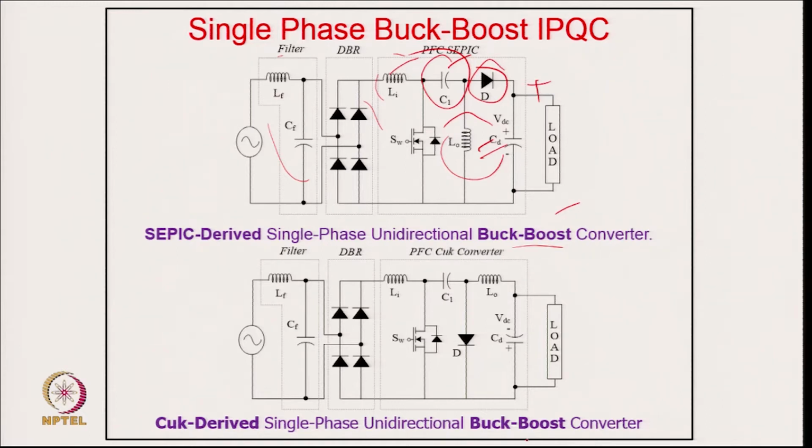Another one is the Cuk derived single phase unidirectional buck boost converter. In the Cuk also, the number of components is the same as in SEPIC, as you can see: input and output inductors, and the capacitor as the energy transfer element. But here the drawback is that the polarity of the output voltage reverses. Originally the Cuk was developed to make the input inductor and output inductor currents almost continuous.